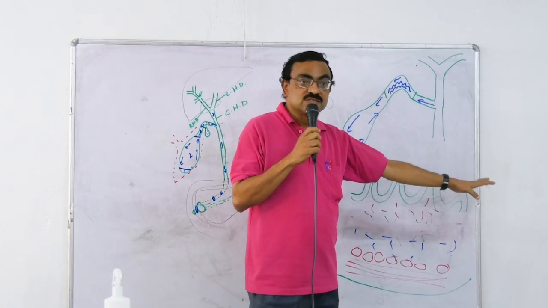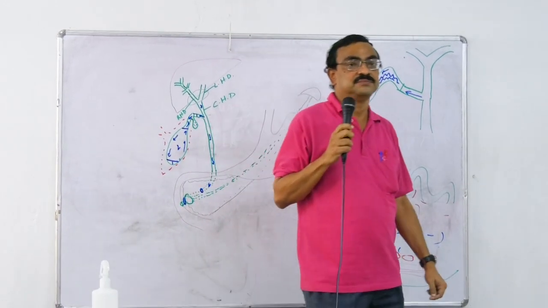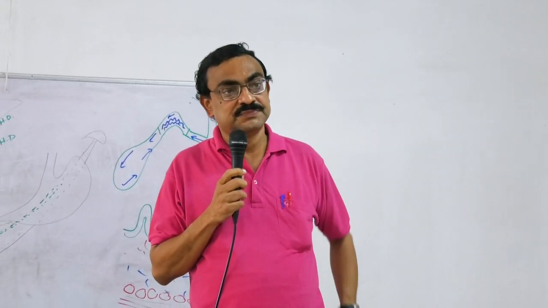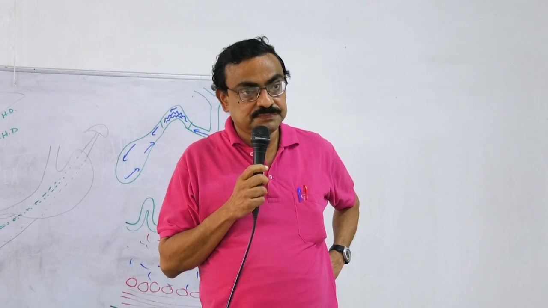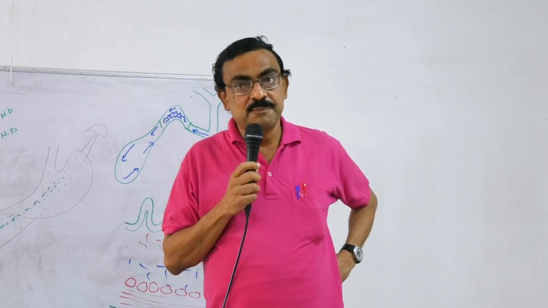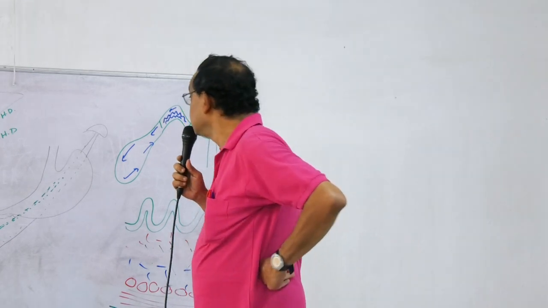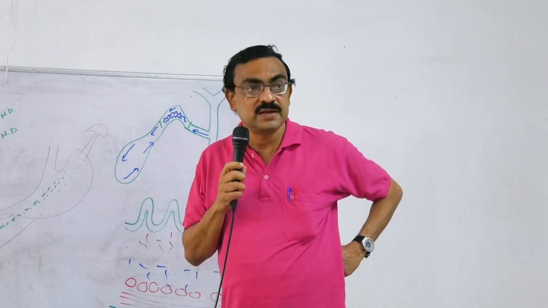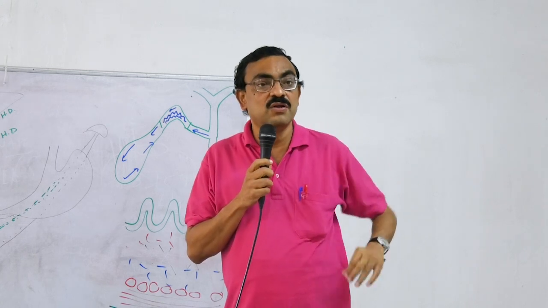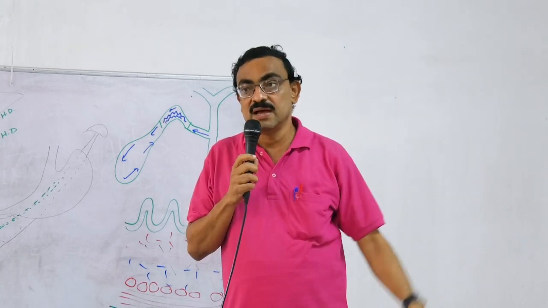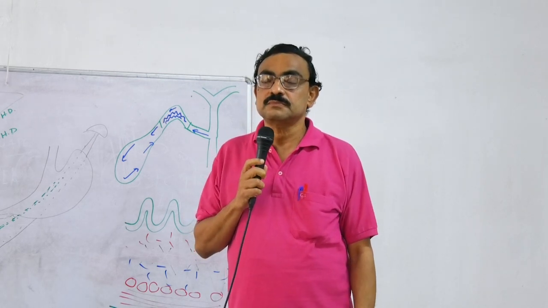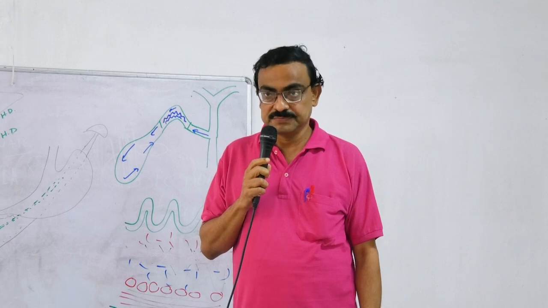So there is no submucous layer. This is the specialty of the gallbladder. Submucous layer is also absent in the cystic duct, common hepatic duct, common bile duct. You will not get the submucous layer.